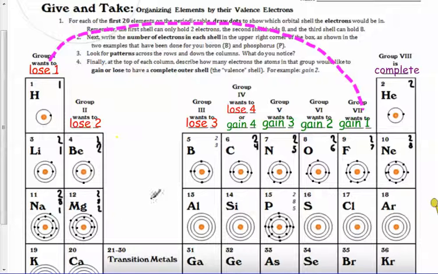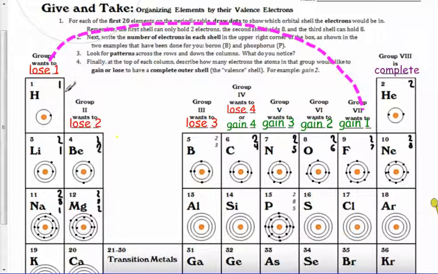Any of these work. So for instance, the commonly used example of salt, table salt: sodium is over here in group 1 and wants to lose 1. Chlorine is over here in group 7. It wants to gain 1. They're a match made in heaven. They become NaCl, sodium chloride, table salt.